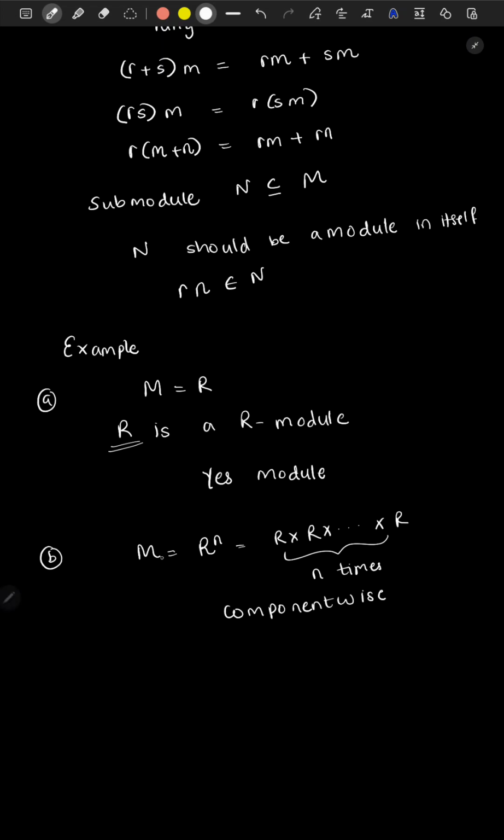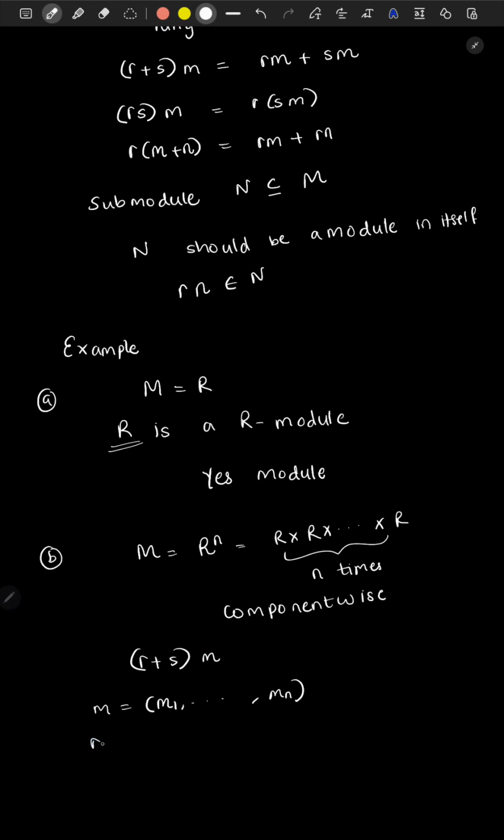Clearly M is a group because R^n is a group. Let's check this property, (r + s) times m. M essentially would be (m1, ..., mn), and I have to specify what the action is. The action is just that each element is applied to each component.